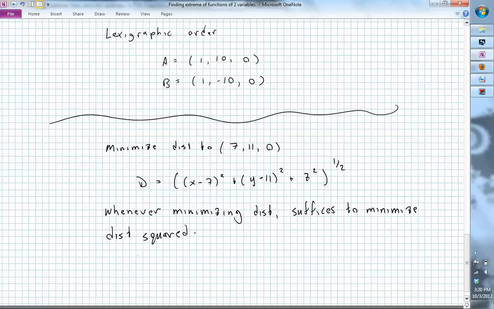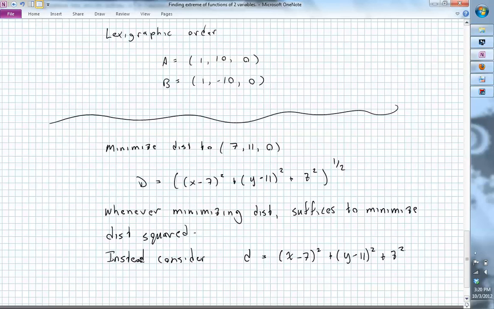So, in fact, we'll consider instead the function d, which is x minus 7 squared plus y minus 11 squared plus z squared.